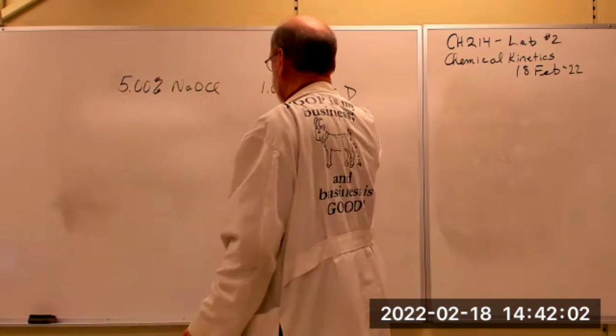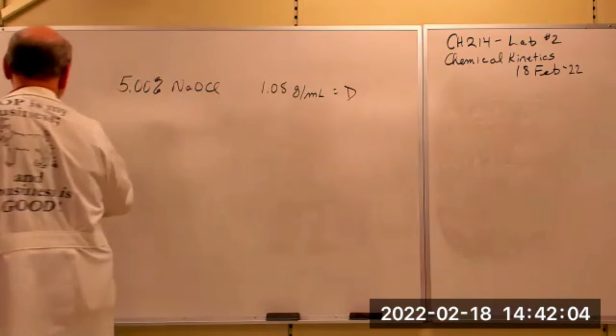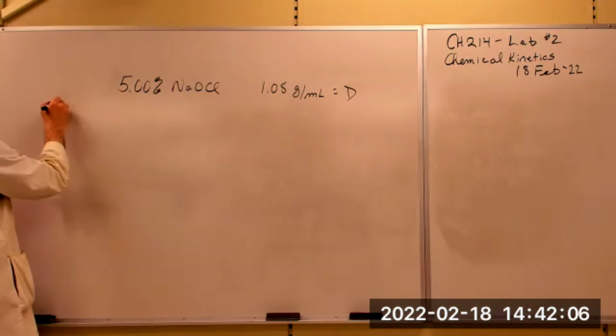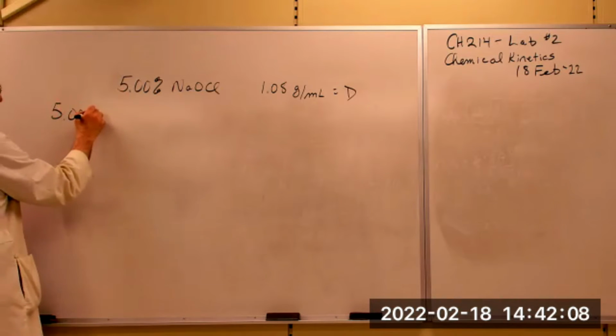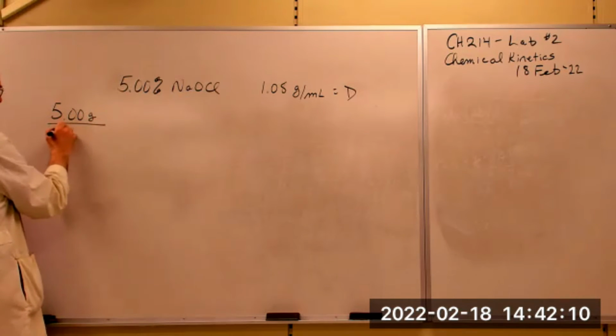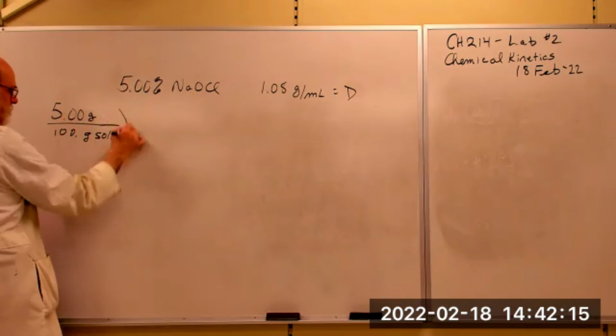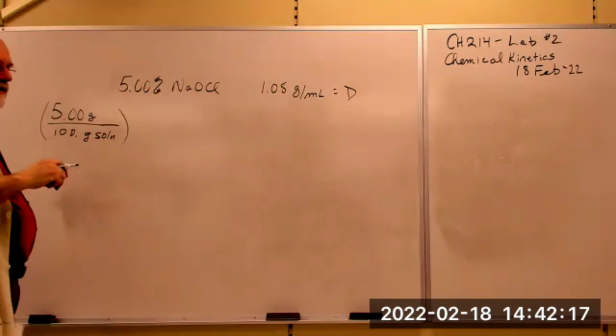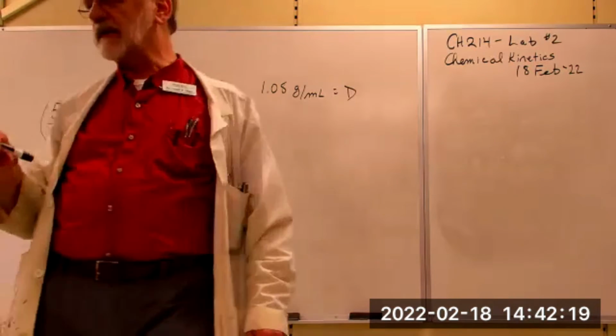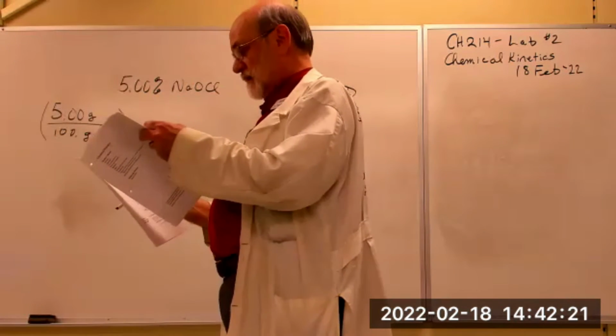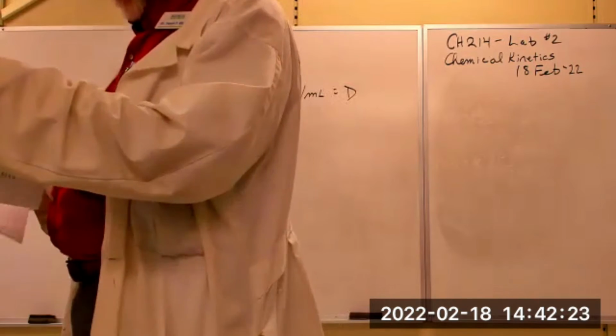But the solution is this value. So if we say we're starting from here, grams per 100 grams of solution. In order to give you concentration in molarity, right? Is that what it asks for?